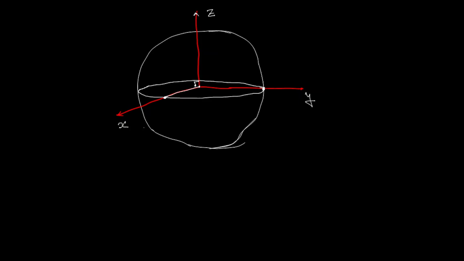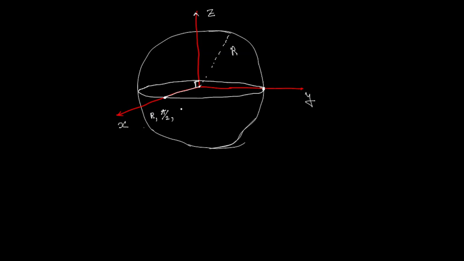It will be 90 degrees. So the value of theta will be 90. Let's say the radius of the sphere is R. The distance of this point from the center will be R, because this point is on the surface of the sphere. So R, and theta is pi by 2.